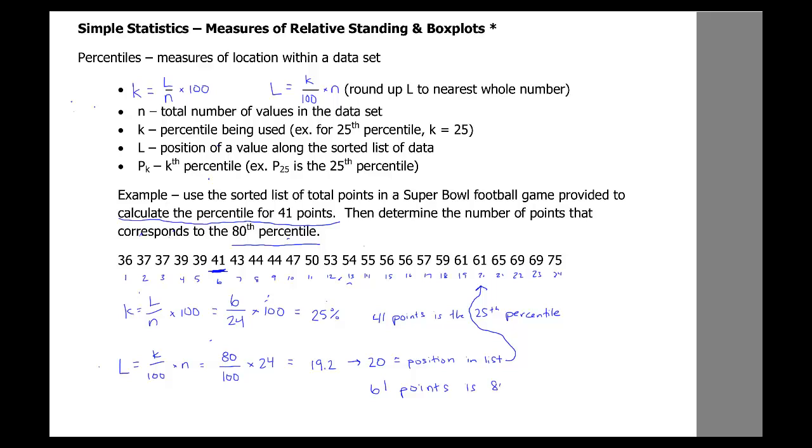And that's the 80th percentile, which was what we were solving for. So here, our answer, 61 points, and the one we solved for previously was looking for a percentile. It was the 25th percentile. So that is percentiles. Again, position along a numbered or an ordered list of values.